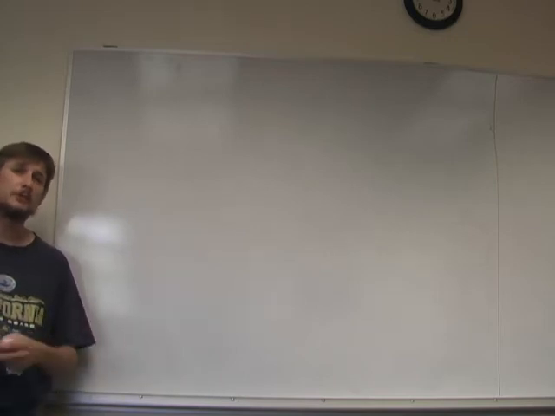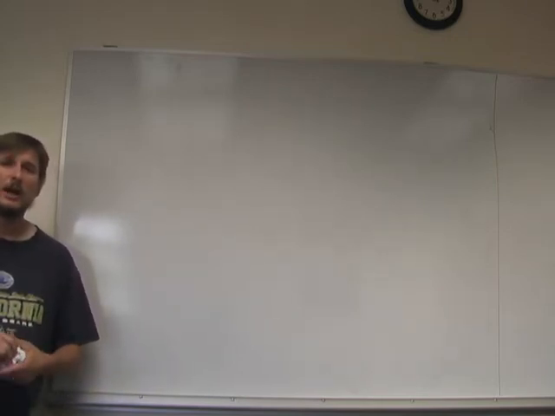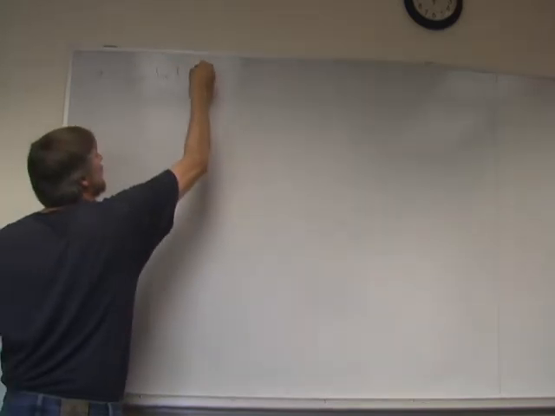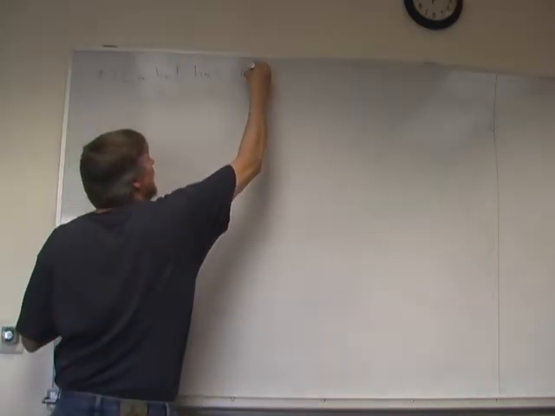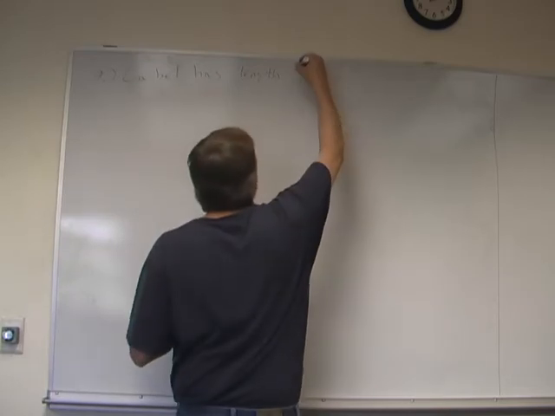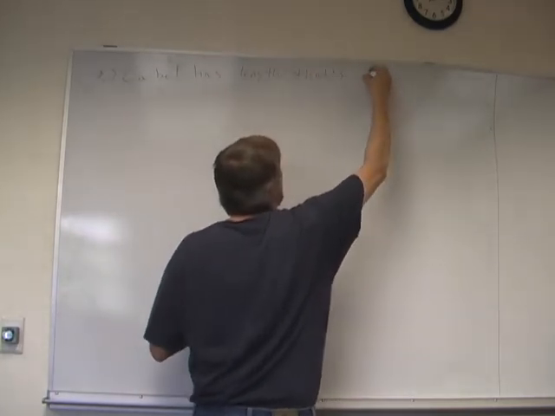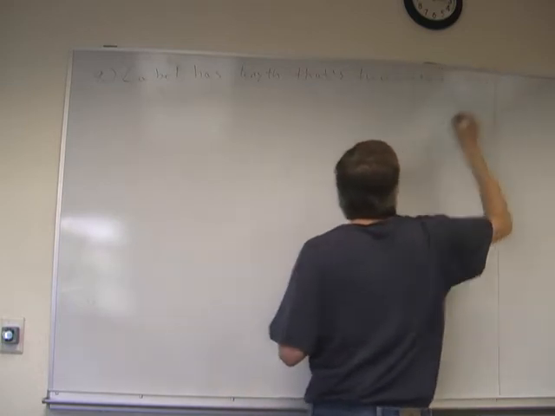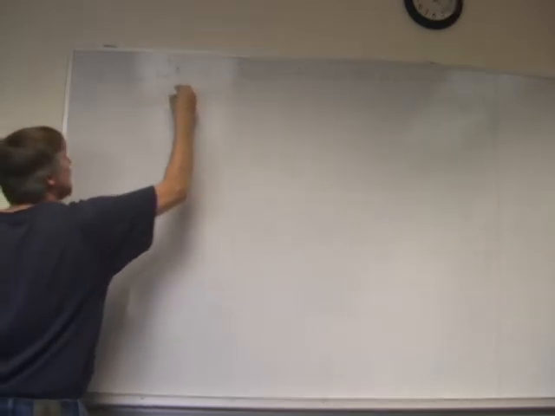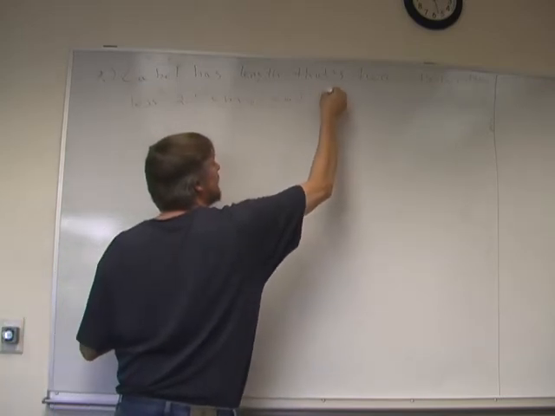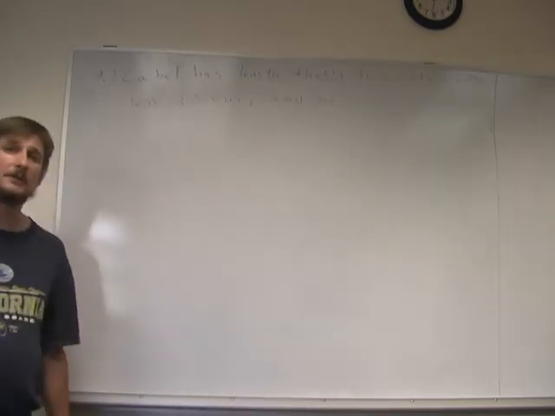We're going to be going over question number 9 from section 1.6. Question number 9 asks us this. We're going to be given a label that has a length that's twice its width, less 2.5 centimeters, and it has a perimeter of 40.6 centimeters.